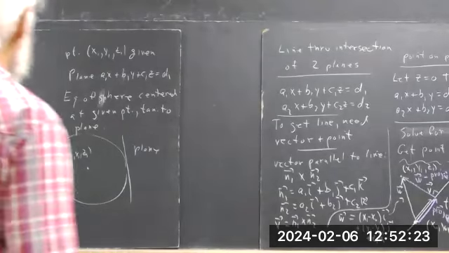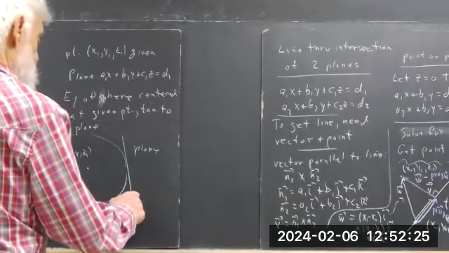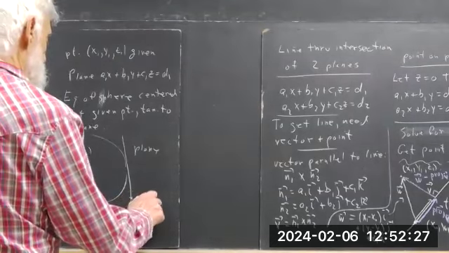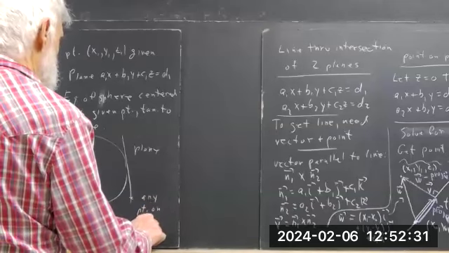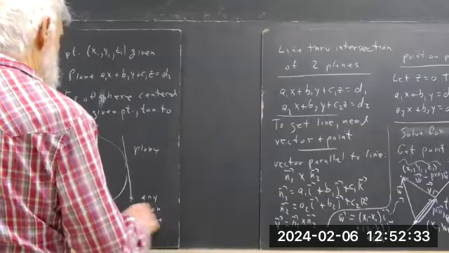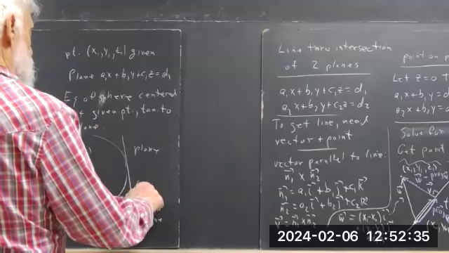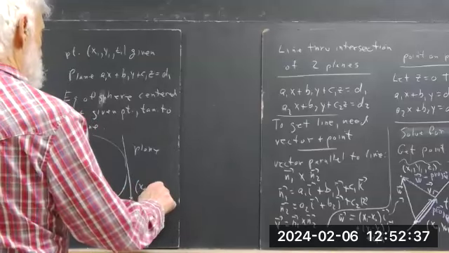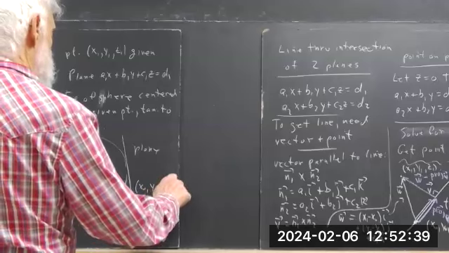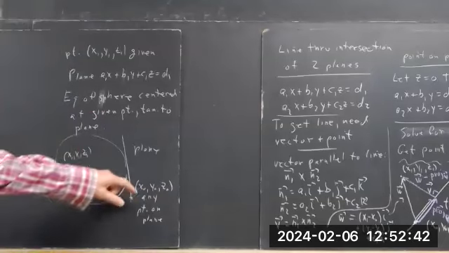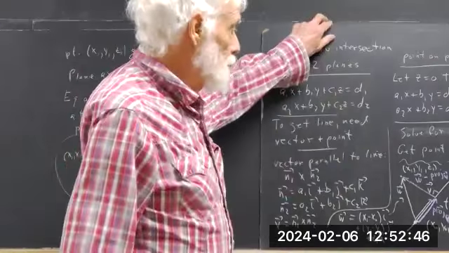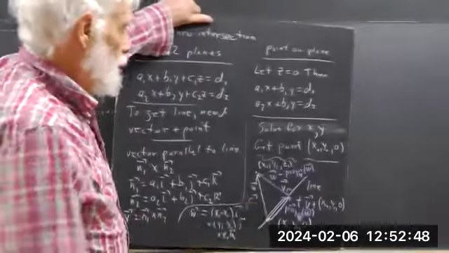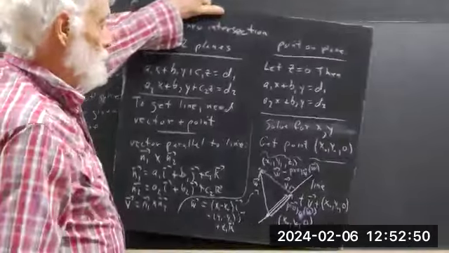Now, x naught, y naught, z naught is any point on the plane. Over here, I assumed that z was 0, so the point I got was x naught, y naught, z naught.